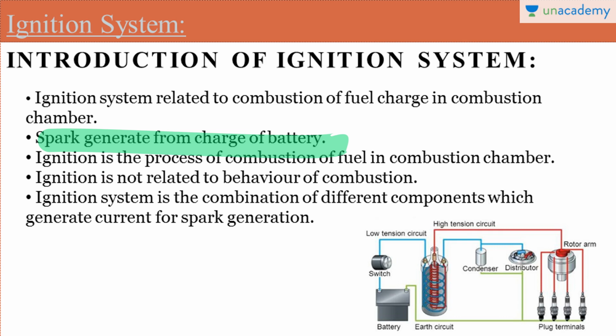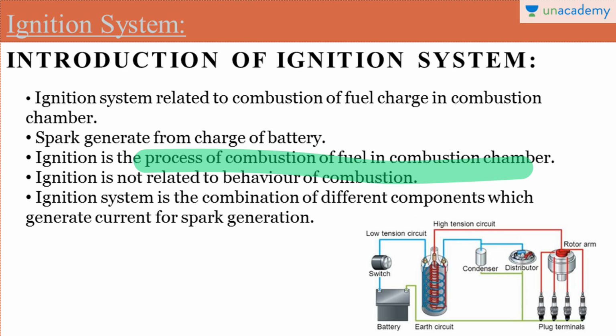So I will start with the ignition process. This ignition process is basically the process of initiation of combustion in the cylinder, or in the combustion chamber. The spark which is generated from the spark plug, if we are talking about spark ignition engine, is generally generated in the spark plug in SI engine, and this spark helps to ignite the fuel and air mixture.